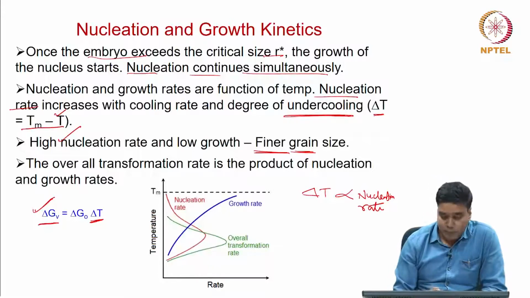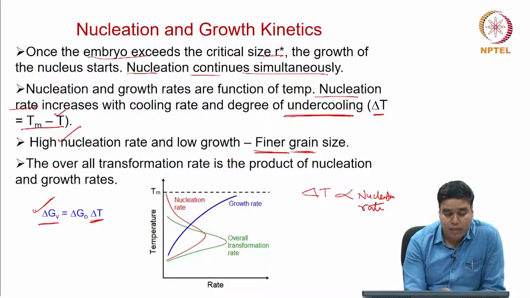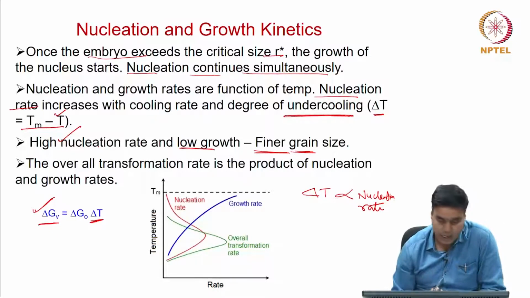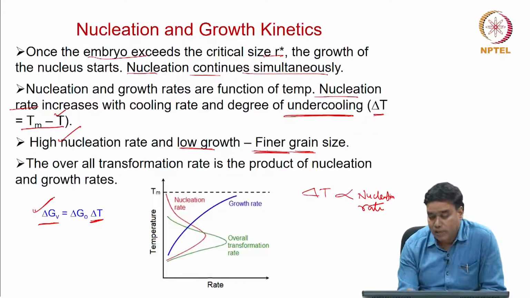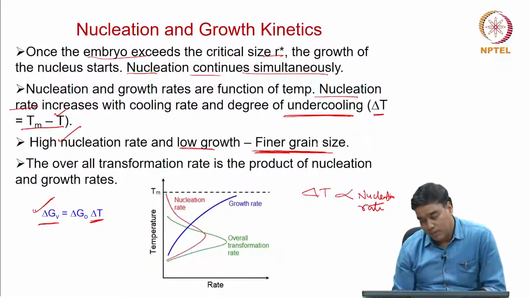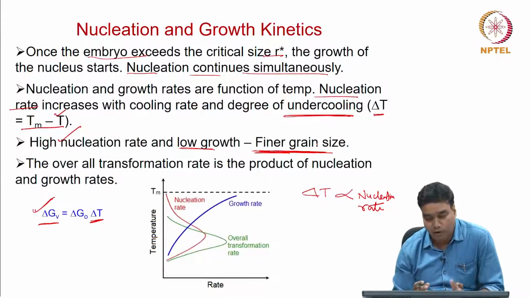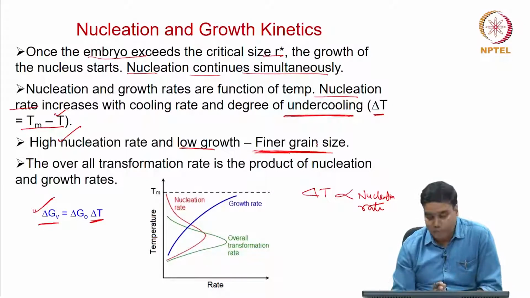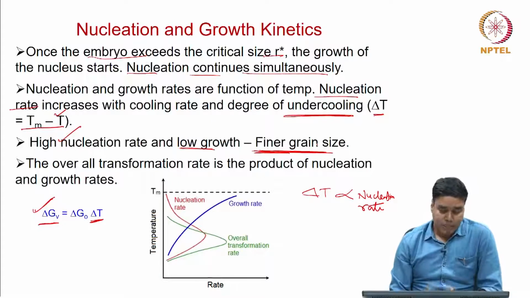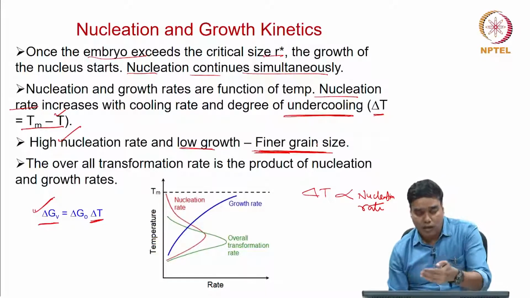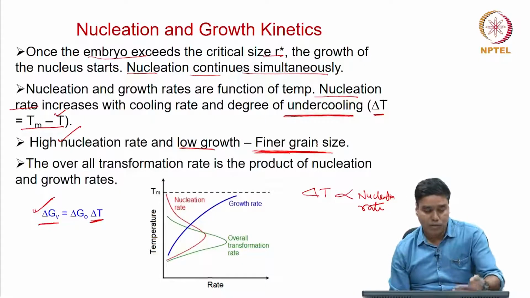And if that happens, if the nucleation rate overtakes the growth rate, that means if the nucleation rate is higher than the growth rate, then the microstructure is going to be finer. Because in that case, as the nucleation rate is higher, you can expect more and more nucleus to form in a given period of time, and therefore, the rate of growth will be much lower compared to the nucleation rate.